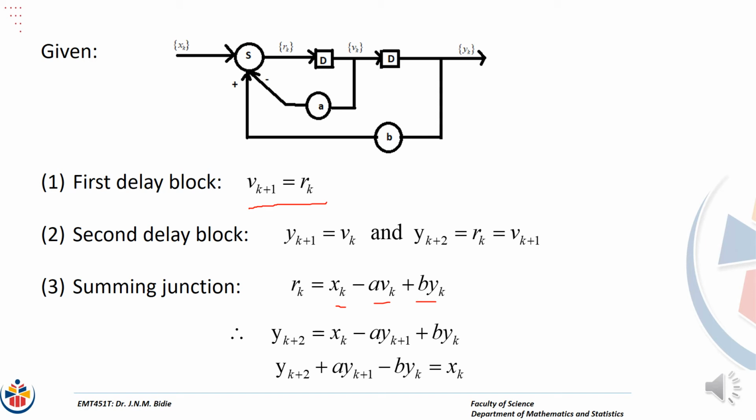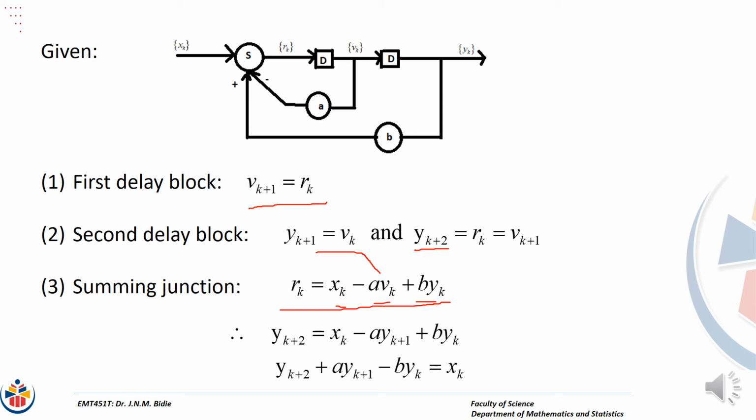Now we combine all of this into that formula for the summing junction. Rk has to be substituted, and our rk is yk plus 2. Vk has to be substituted, it is equal to yk plus 1.